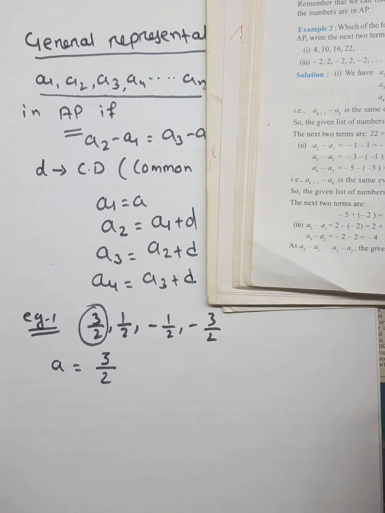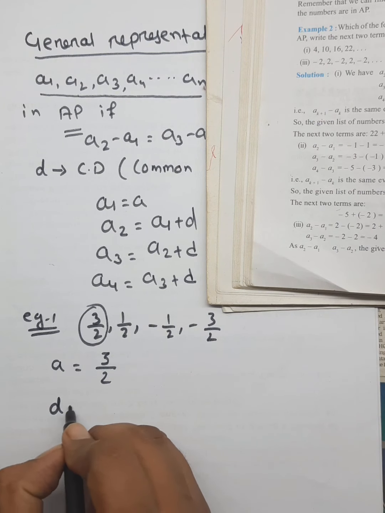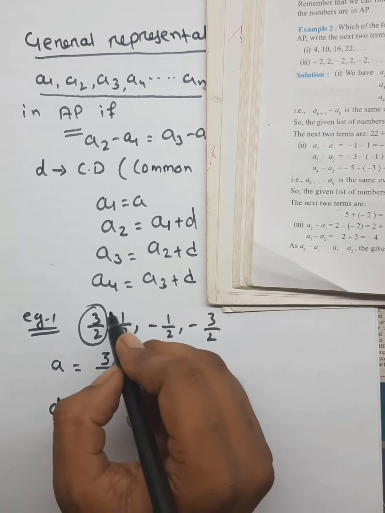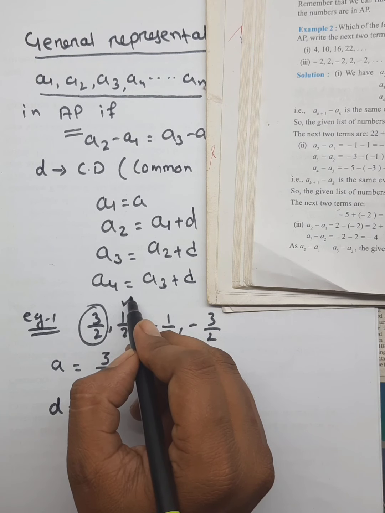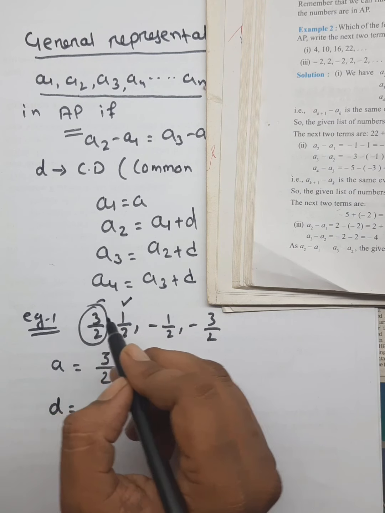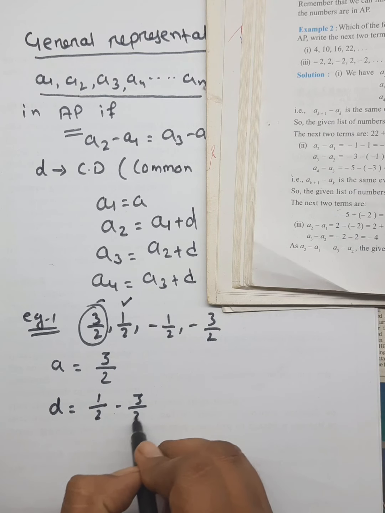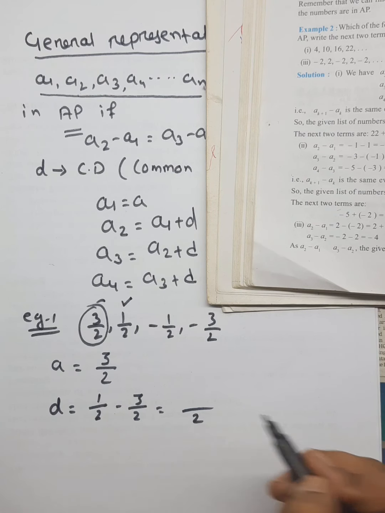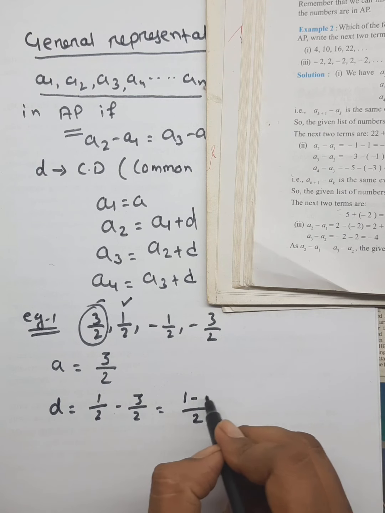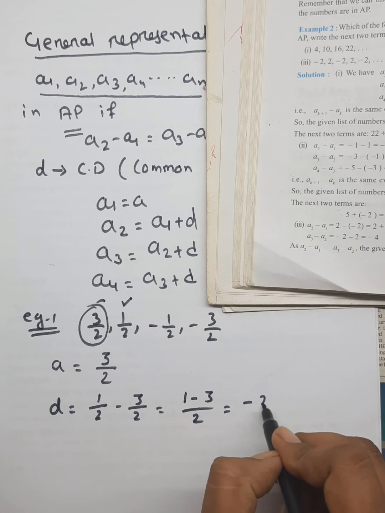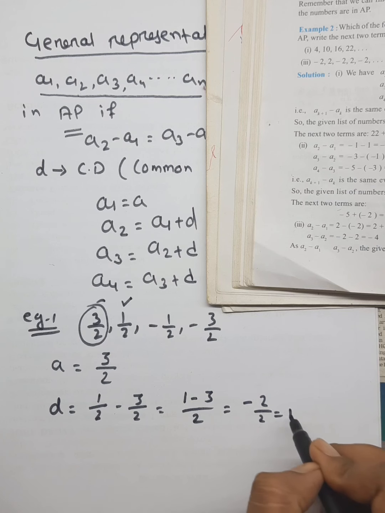And how can we get D? We can get D if we subtract the preceding term from the succeeding one. So it is 1 by 2 minus 3 by 2. Taking LCM 2, this is 1 minus 3, which is minus 2 by 2, that is minus 1.